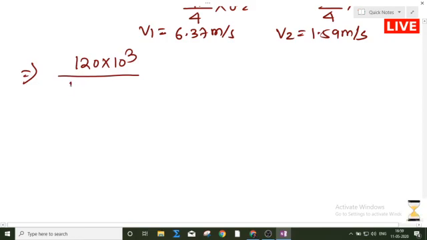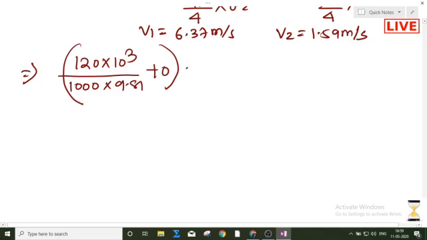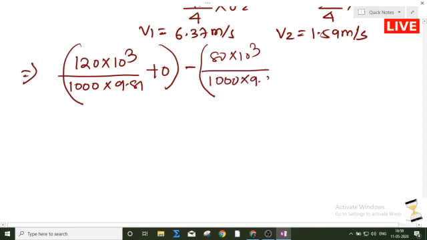Water is flowing, so density of the water is 1000, into 9.81, plus Z1 is 0, minus P2 by rho g. P2 is 80 into 10 to the power 3 Pascal divided by 1000 into 9.81, plus Z2, which is 6 meter.